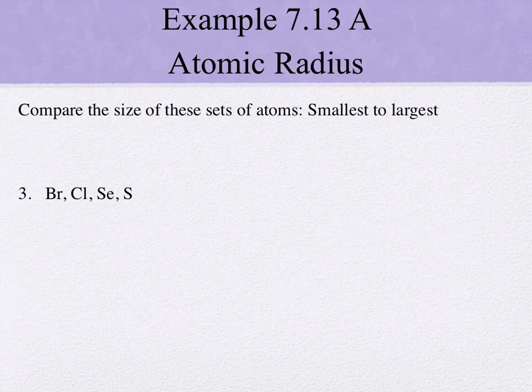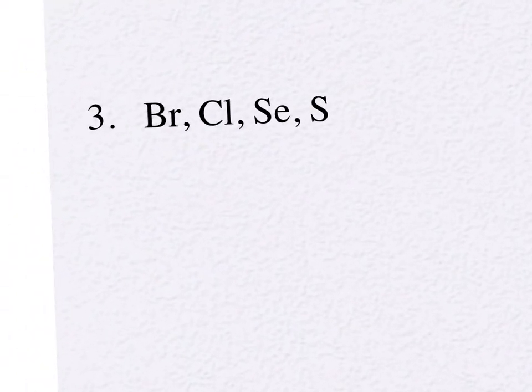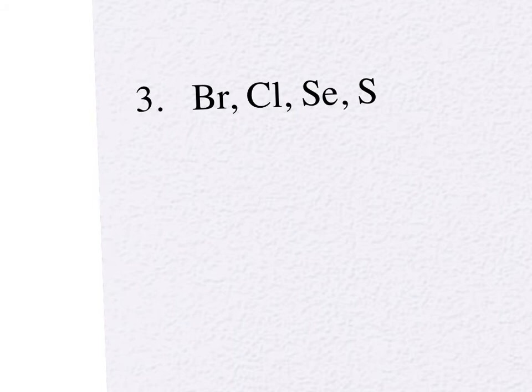Okay, a little harder example. Compare the sizes of these, smallest to largest. So let's examine how many shells they all have. Bromine has 4. Chlorine has 3. Selenium has 4. And sulfur has 3.